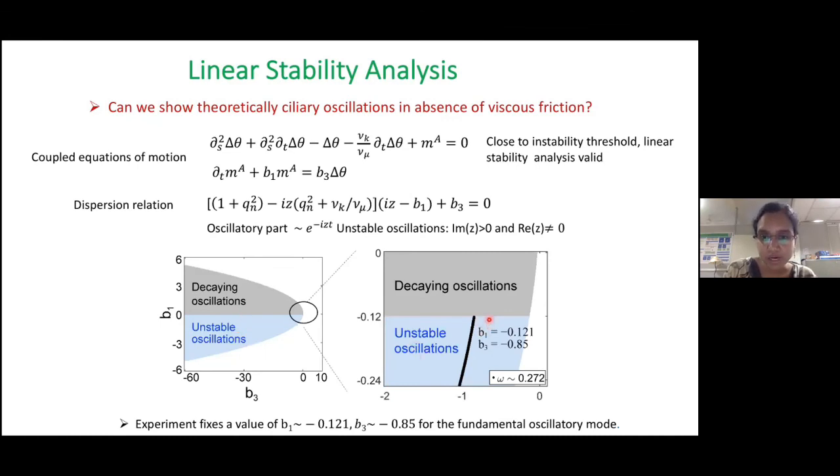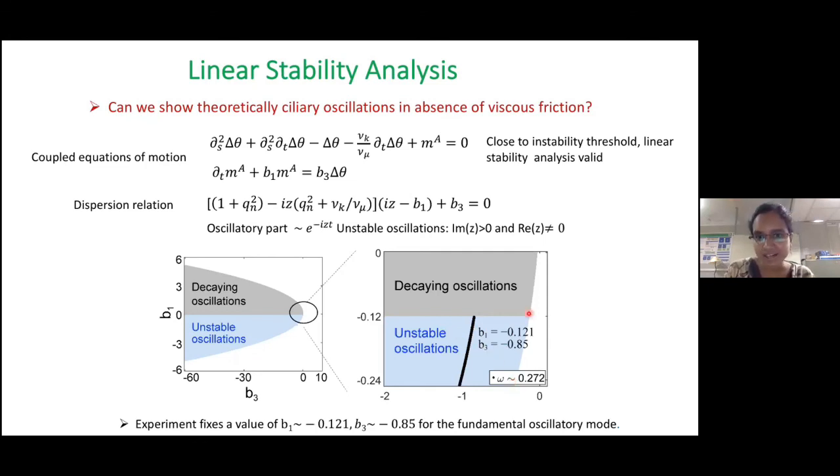If you zoom in close to this area, what you would find is that there is a line of points whose limit cycle frequency will match with the beat frequency. And we have essentially identified the B1 and B3 coefficients which will give a fundamental oscillatory mode that will match with the experiments.